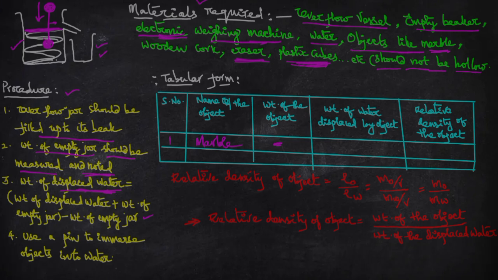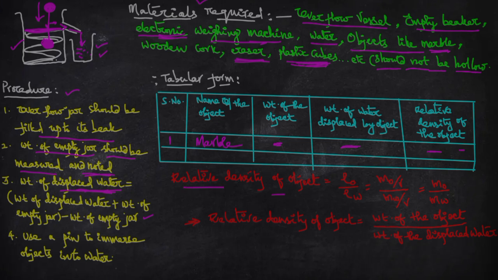Whatever may be the volume of the marble, an equal volume of water is displaced from this overflow jar, and you have an opening here, and that water is collected in this empty jar. The weight of the displaced water should be noted here, and finally the relative density is to be written here.